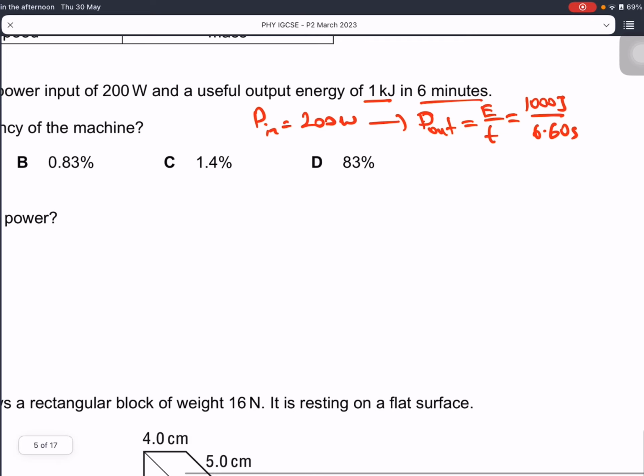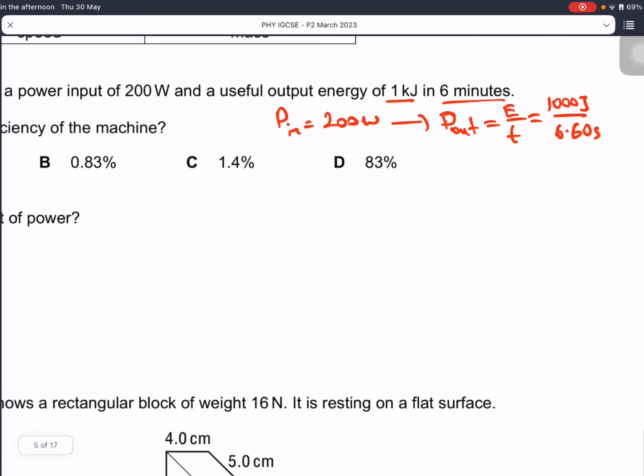So when you calculate this, let me find my calculator here. 1000 divided by 6 times 60, we will have 25 divided by 9, or simply 2.78 if you round up, yeah? All right, is this the answer? No, not yet. This is just the output. So we take 200 watts as 100%. Don't forget, input is always 100%, okay?